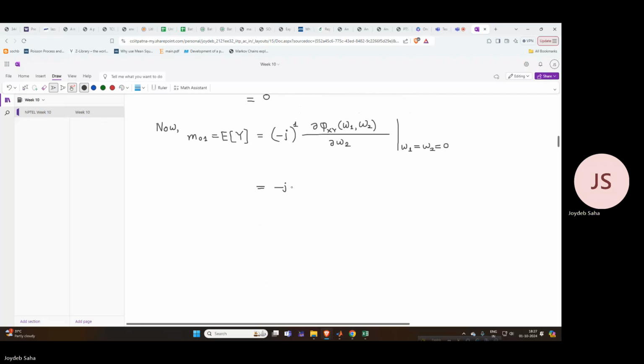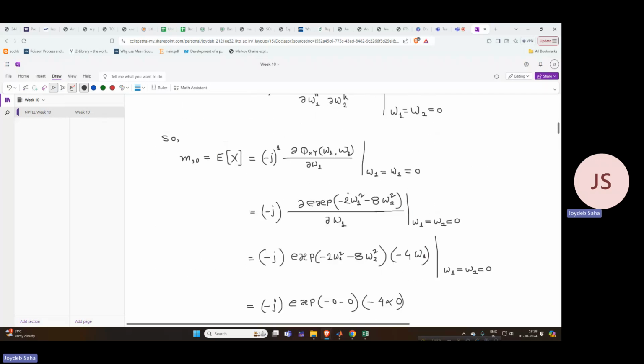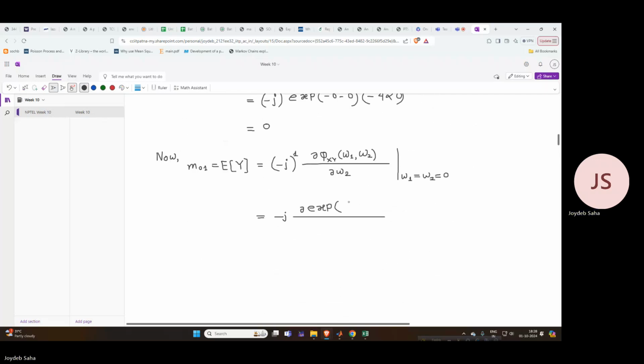Minus j, derivative of the exponential. What is the value? The value is exponential of minus 2 omega 1 square minus 8 omega 2 square.